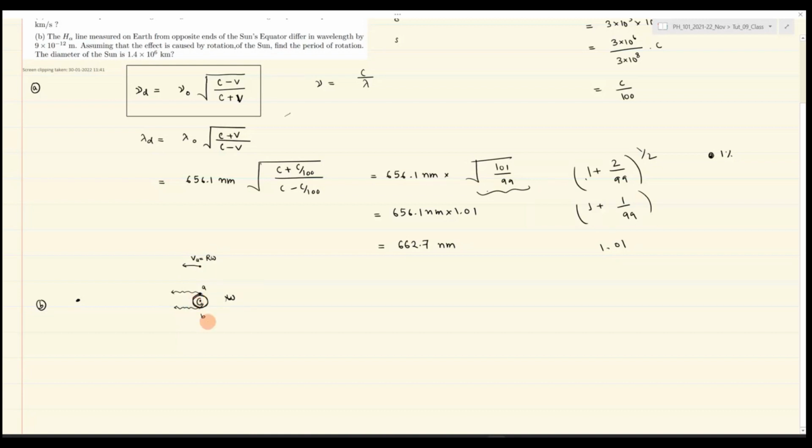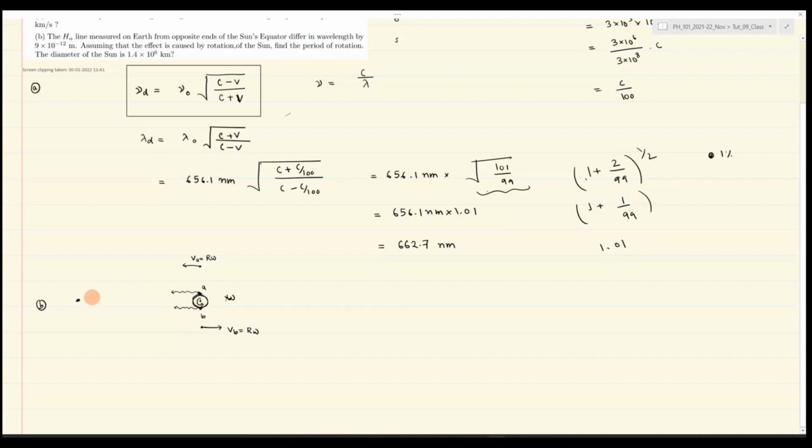Same way, the photon coming from B will be coming from a frame which is moving along this direction at speed Vb equal to r omega. So this source is moving towards us, but this source is moving away from us.